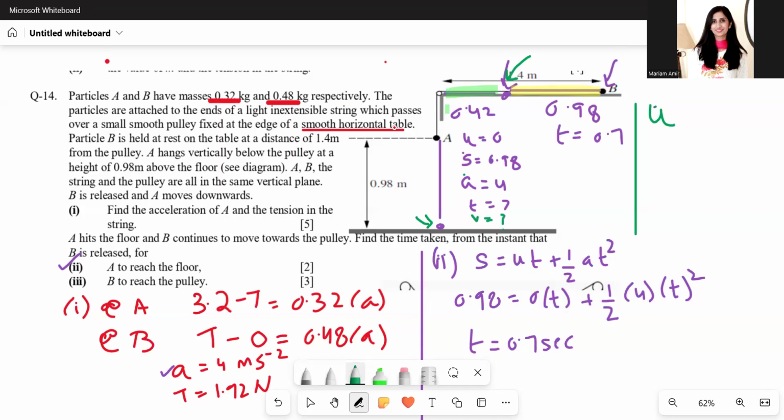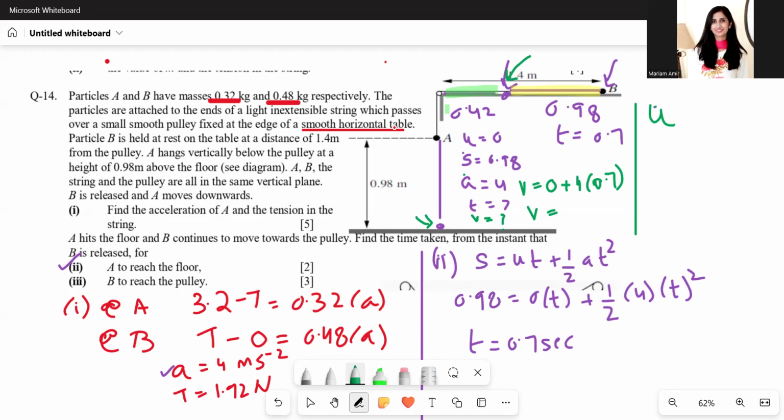We can use v equals u plus at. v equals u plus a times t, and t came out to be 0.7. So v will be 2.1.